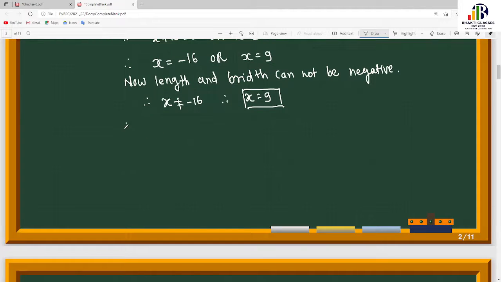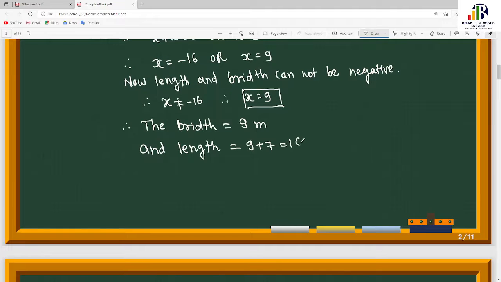So the breadth is equal to 9 meter and length is equal to 9 plus 7, that is 16 meter. This is your answer. So have you understood this question?